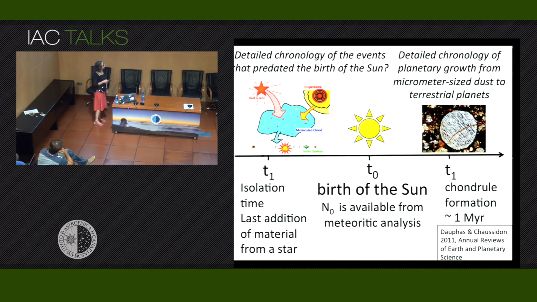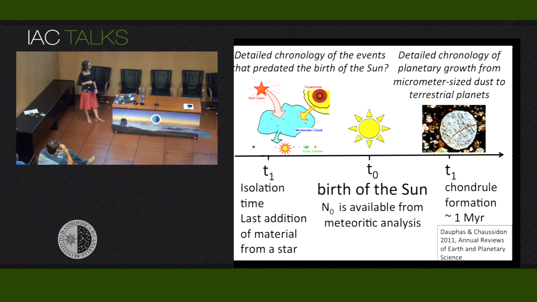So we know that at some point the matter that ended up in the solar system ended up in a star forming region, a molecular cloud, and then in this molecular cloud it was isolated from more contribution from stars, and then stars formed in this cloud, including the solar system.